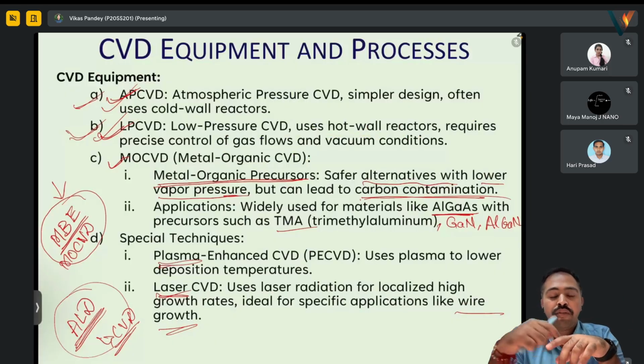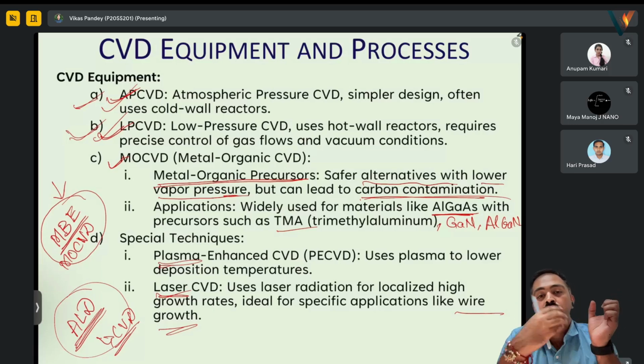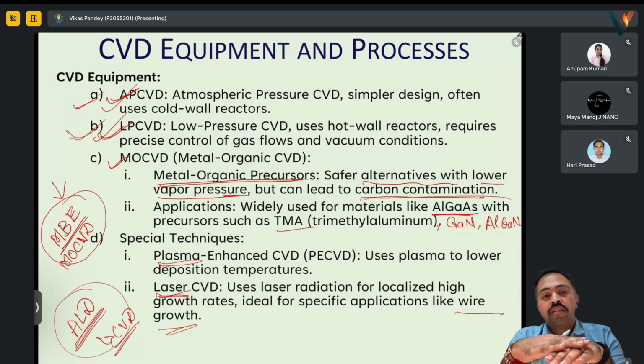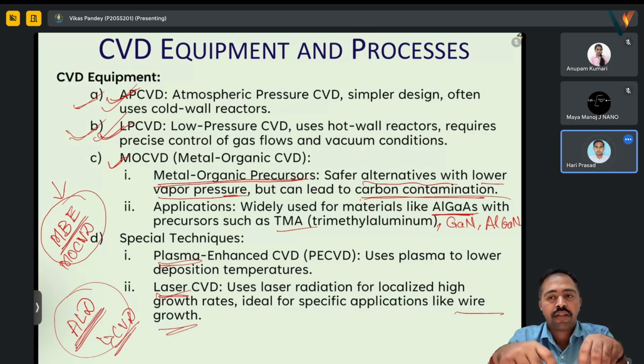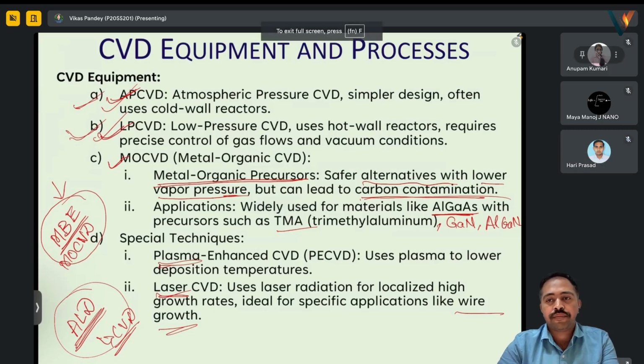Only when we are talking about chemical reaction is the alignment of molecules with the underlying crystal possible. Getting my point? Yes, sir. Okay. Any other questions?